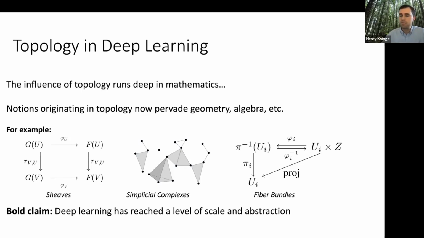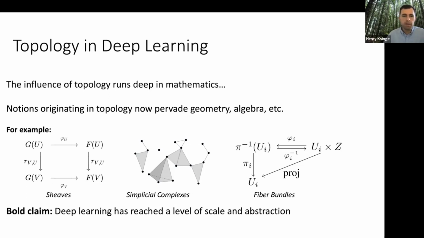Certainly maybe not felt that way outside of those fields, but I'll talk briefly about some examples of how sheaves and simplicial complexes are being used in deep learning, and then I'll spend the rest of the time talking about some of our recent work on fiber bundles as inspiration for deep learning architectures.